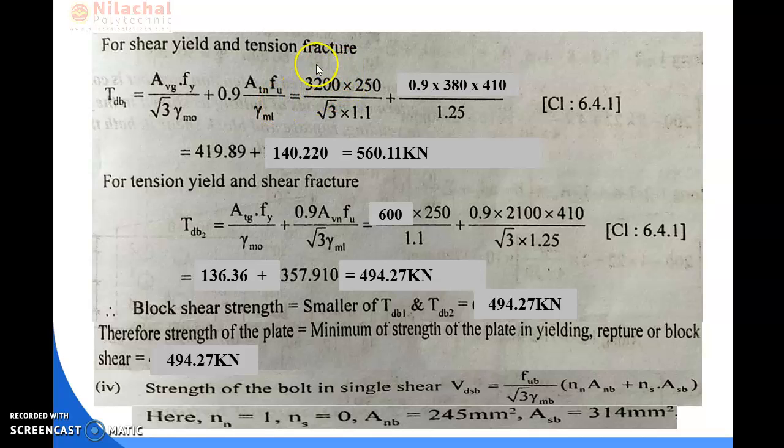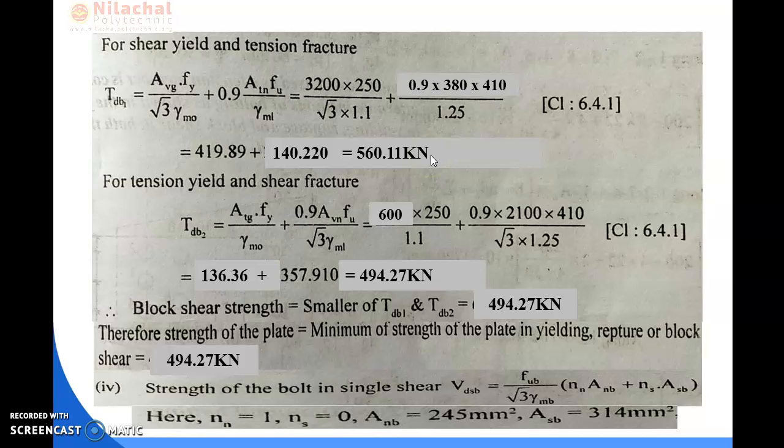So AVG we got 3200 multiplied by Fy is 250 divided by root 3 into gamma m0 is 1.1 plus 0.9 ATG we got 380 multiplied by Fu is your 410 whole divided by 1.25, which is the value of gamma m1. So by calculating all these things, we got the value of TdB1 as 560.11 kilonewton.